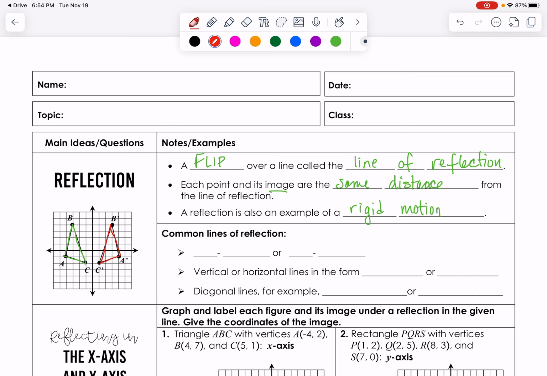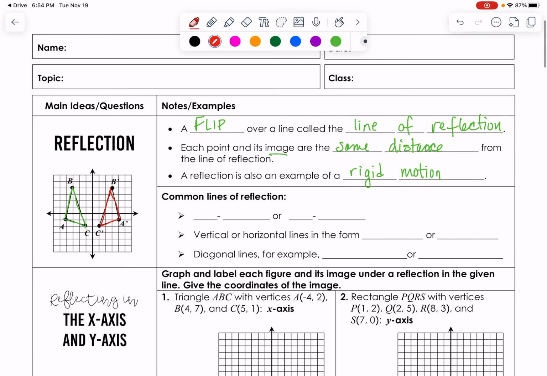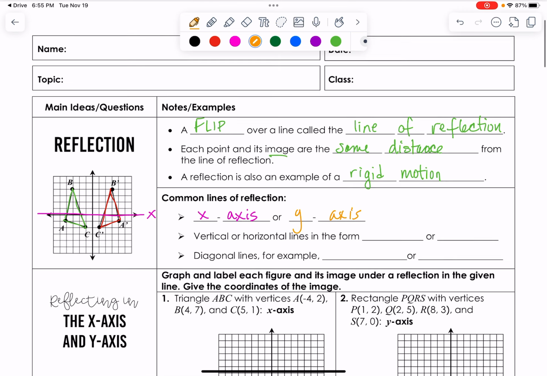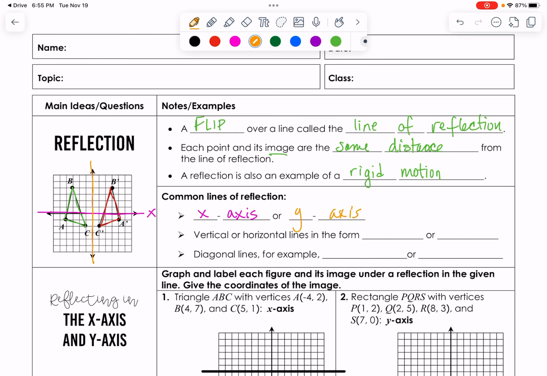When we reflect things, there are a couple of common lines that we use. We use the x-axis, which is the pink line. We use the y-axis, which is the vertical yellow line.